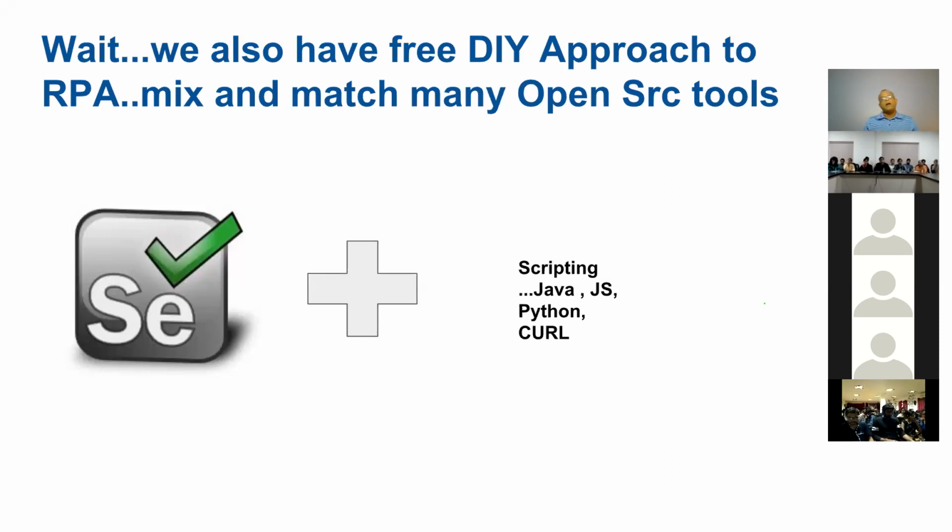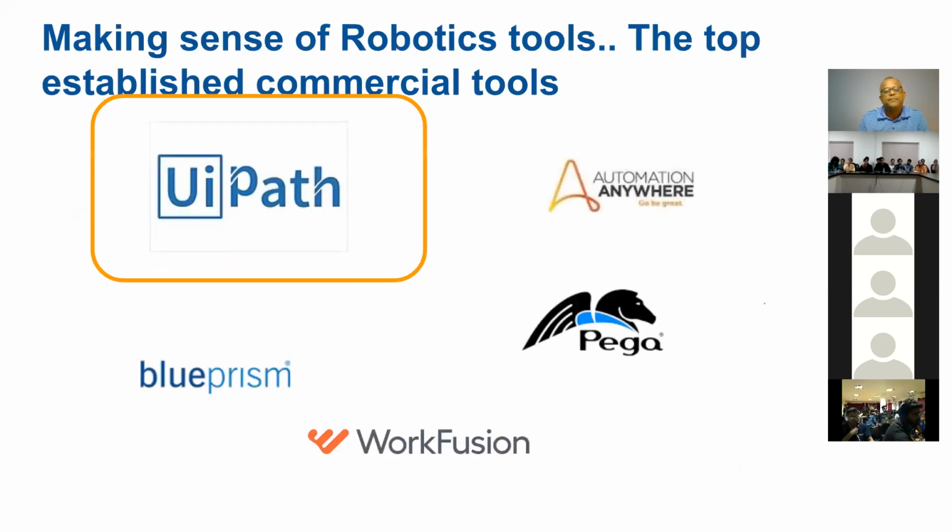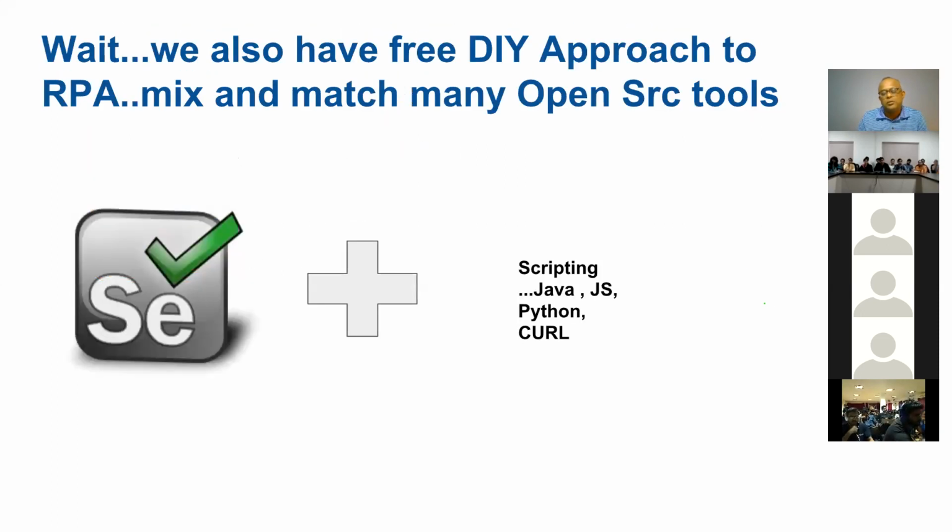At the heart of every RPA tool is test automation software techniques, as well as patterns of automation. So if you take Selenium plus all the scripting languages you might get exposed to, whether it's Java, Python, JavaScript, curl, you can pretty much do a lot with these open source tools.